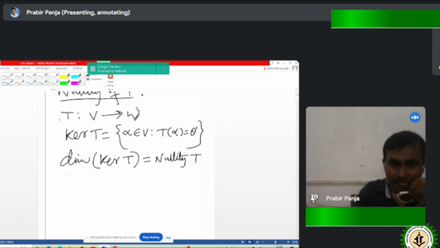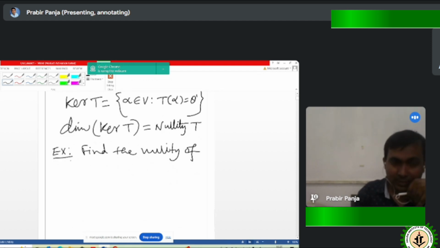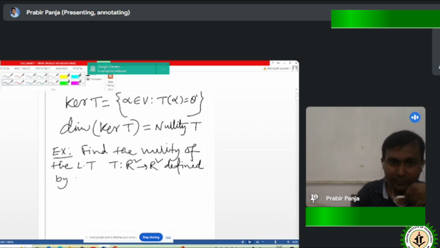So let us take an example. Find the nullity of the linear transformation T from R2 to R2 defined by T of x1, x2 equal to x1 plus x2, comma x1 minus x2.